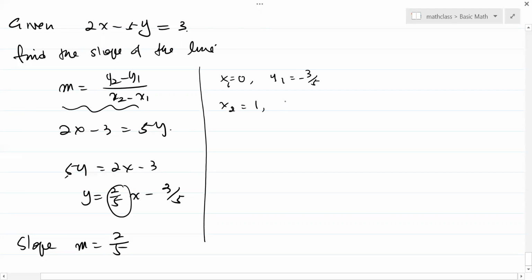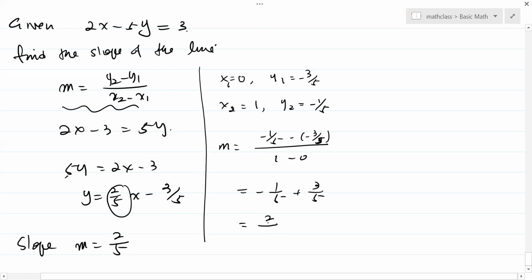If x is 1, y2 is (3 minus 2)/(-5), which is -1/5. You see, you got 2 strange points on the graph. Then the slope is the difference of the y variable, y2 minus y1, over x2 minus x1. Now let's calculate that. So the answer still will be 2/5. It's the same answer.